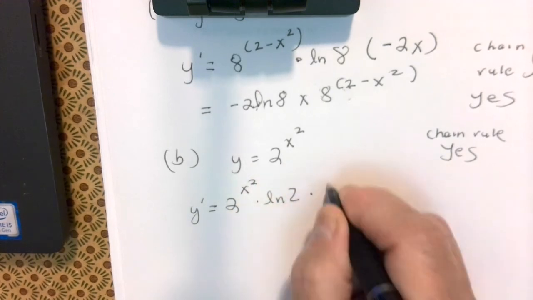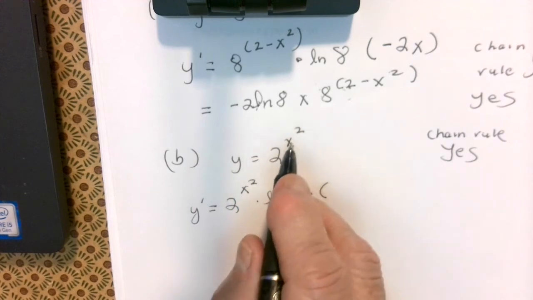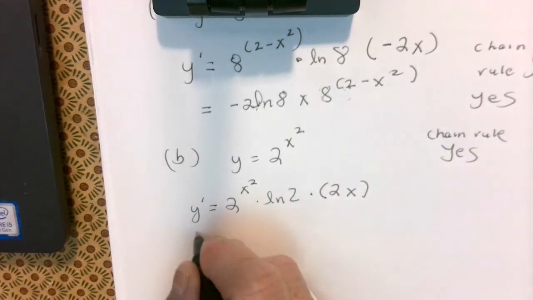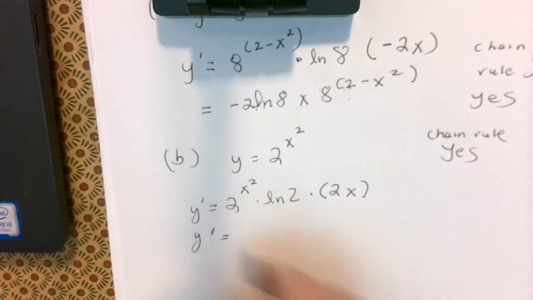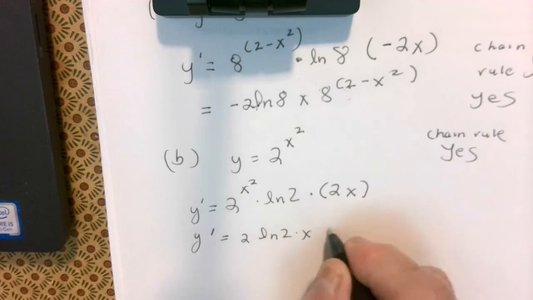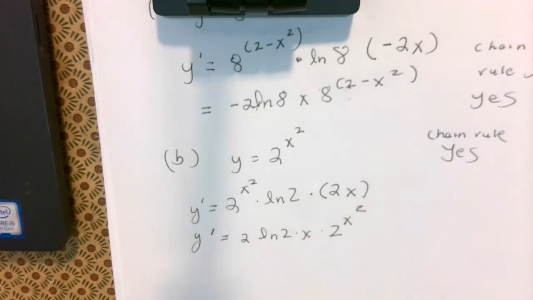But then we've got to go ahead and use chain rule and do the derivative of the exponent, which is the inside function. And so y prime equals 2 natural log of 2 times x times 2 raised to the x squared. And that's my answer.